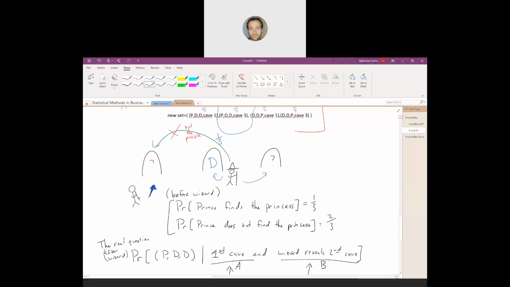Then what's the probability here? What do you think? Okay, well, I'd like to help you work through it, if that's okay. So the wizard has two choices: cave 2 or cave 3.